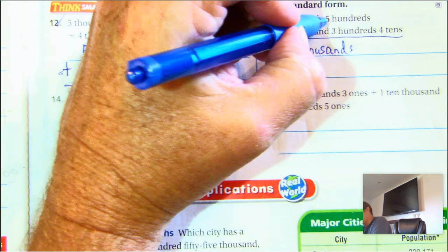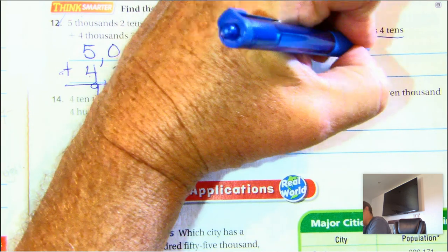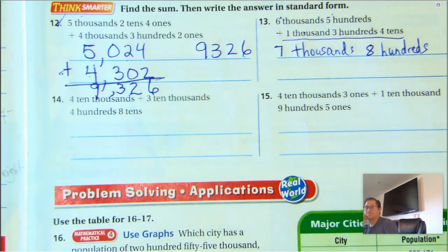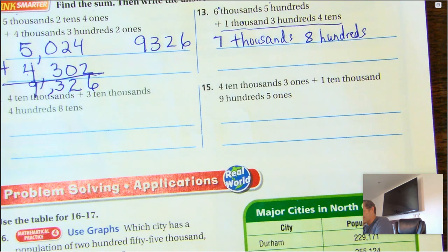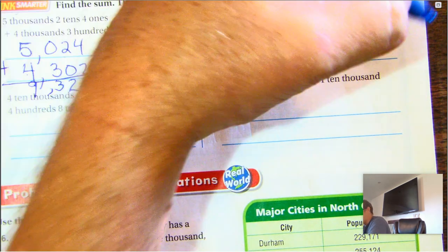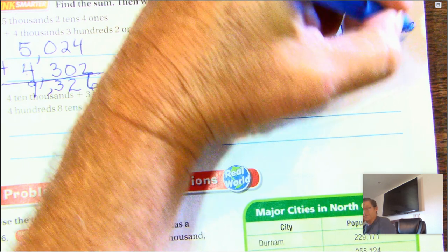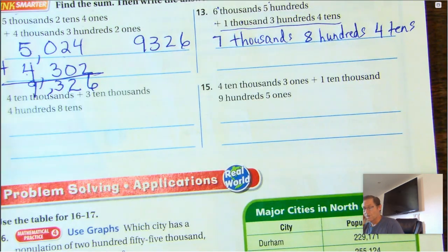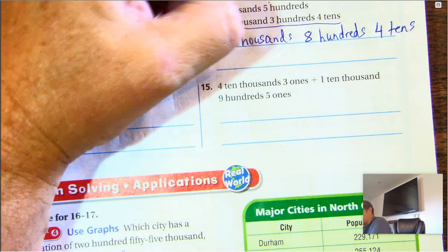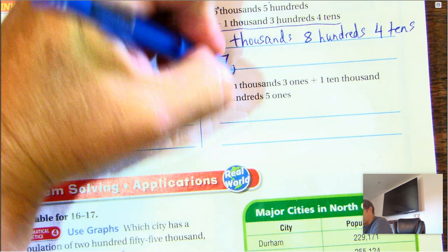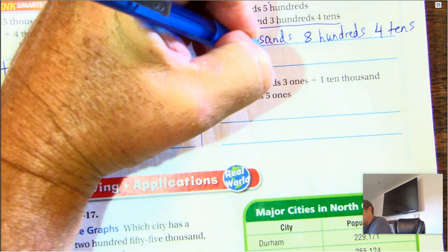How many hundreds? 500 and 300. That's 8 hundreds. How many tens? I just see 4 tens, so that would be 4 tens. So now what are these values? 7,840.